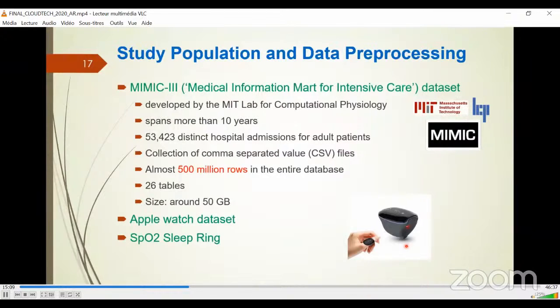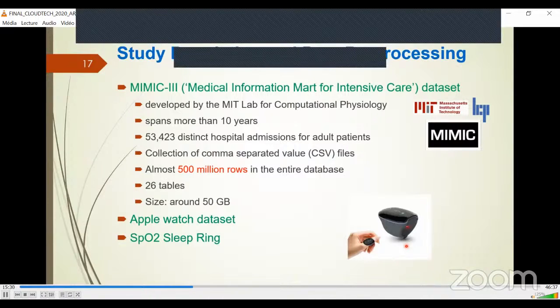In terms of data representation, it has 26 tables that can be read as CSV files, and the total number of rows in those 26 tables is about 500 million rows. That's the entire content of the database. The total size is about 50 gigabytes.